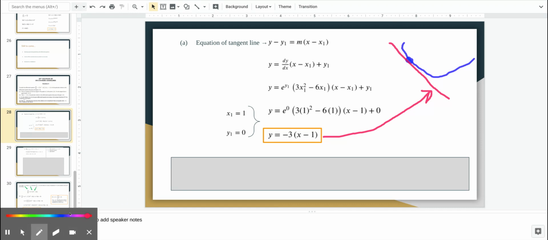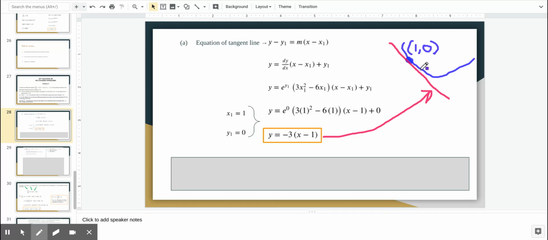The blue line, let's say, is the actual solution curve, which we don't know what it looks like, but we're just kind of imagining that this was the solution curve, and here's that tangent line that goes through it. So the slope right there is -3. And what I want to do is, if this point right here is 1 comma 0, I want to use my tangent line, because I don't know the equation of the blue curve.